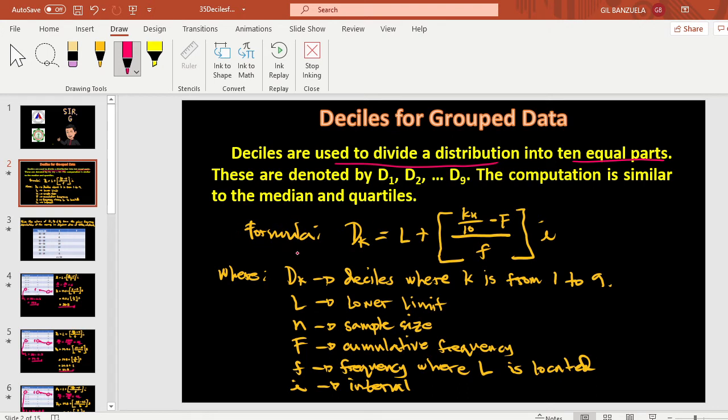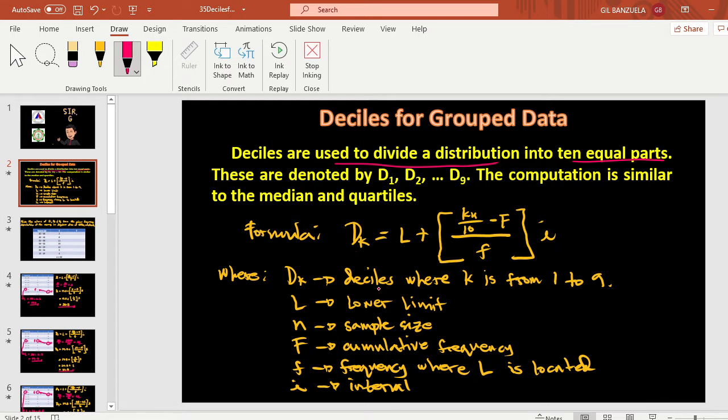Here is the formula. d sub k is equal to the true lower limit plus a quantity of k times n all over 10, since we are going to divide the group into 10, minus the cumulative frequency divided by the frequency where the lower limit is located, multiplied by the class interval.